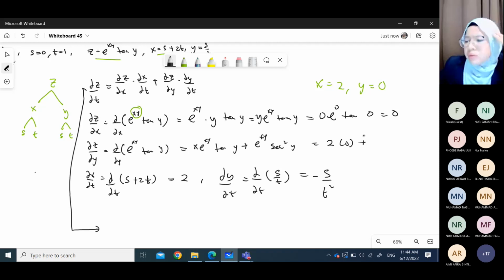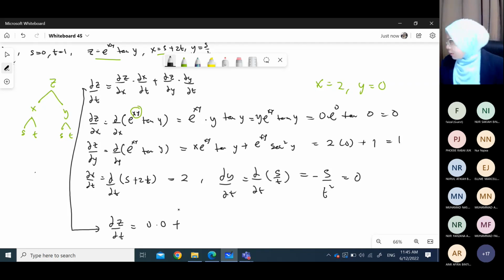Secant squared y, so secant 0, 1 over cosine 0. Cosine 0 is 1 lah, so 1. Exponent plus 1 dekat sini, then we have 1 here. Double check ya. Okay, so untuk yang ini pun you dapat nilai negative as 0. This one is also 0. So now our del z del t is equivalent to del z del x, 0, times del x del t, which is 0.